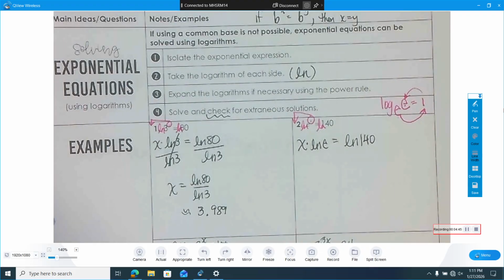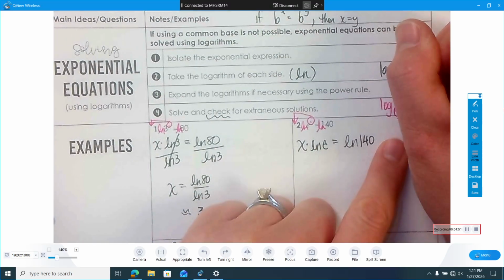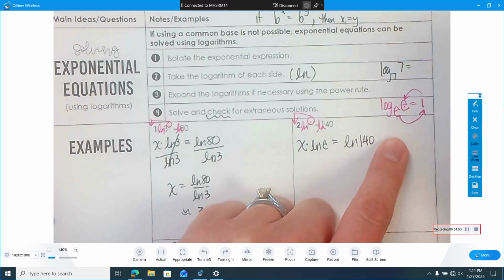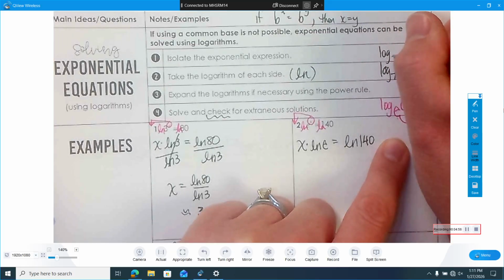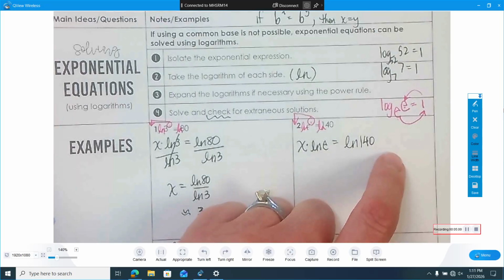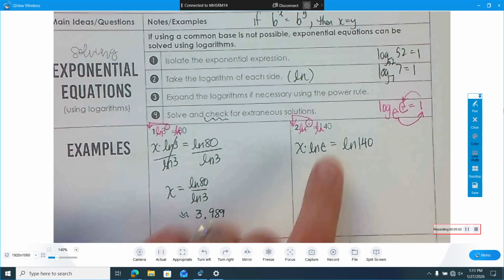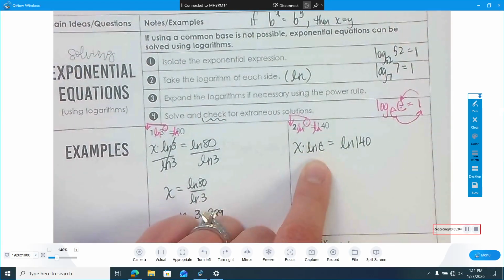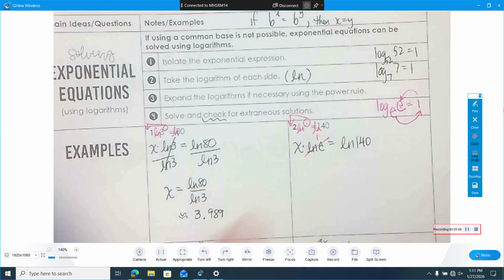True, false? True. Okay. So, yes, log base e of e is 1. Ladies and gentlemen, what is log base 7 of 7? 1. What is log base 52 of 52? 1. What is log base b of b? 1. Always. Okay. So the natural log of e is simply 1.